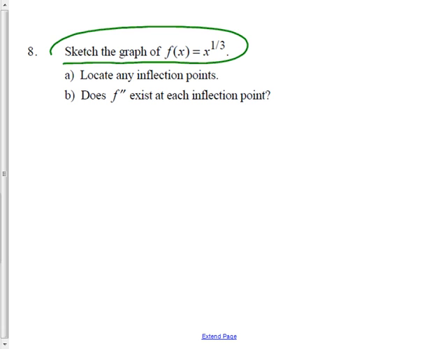Okay, again, using the calculator, another type of problem. Sketch the graph of y equals x to the 1/3. Without even using your calculator, I think some of you understand that this graph looks something like that.